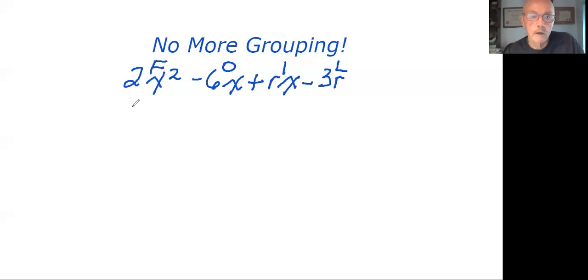So let's put down your parentheses like this, and we'll figure out what goes in the parentheses. First means the first thing in this parenthesis times the first thing in this parenthesis has to give us this term up here. So that would be a 2x times an x. I think we can all agree on that.